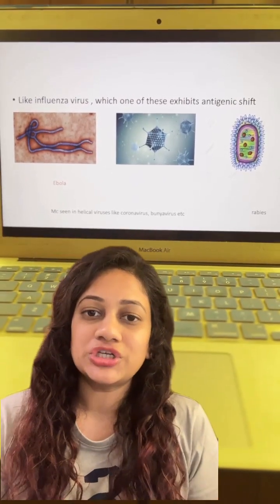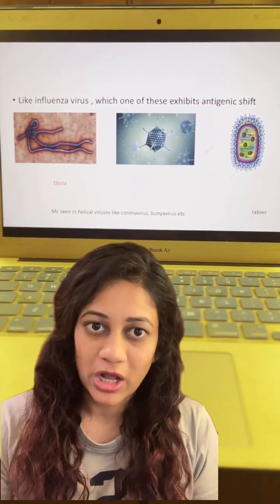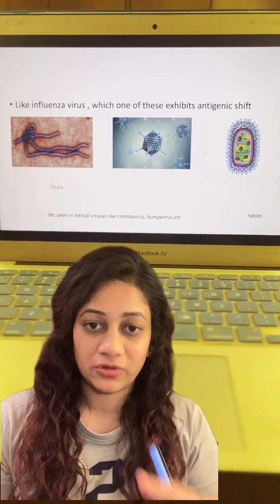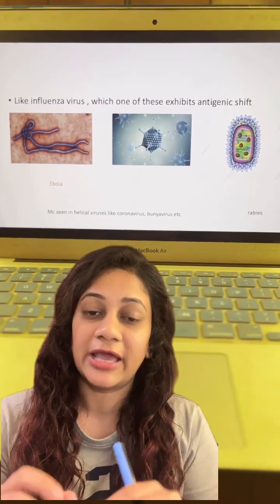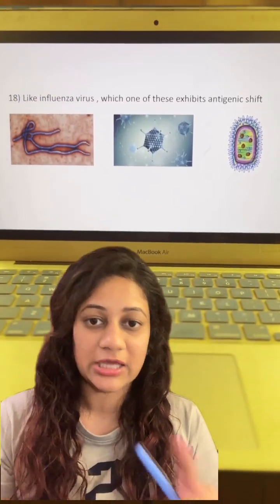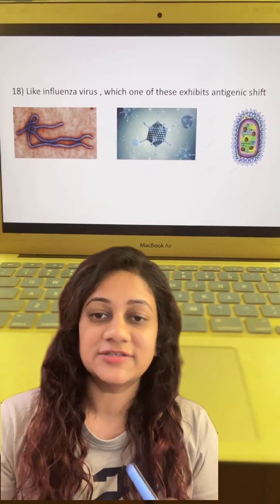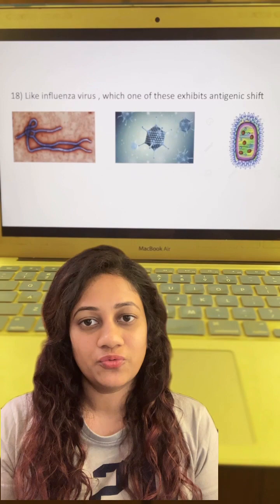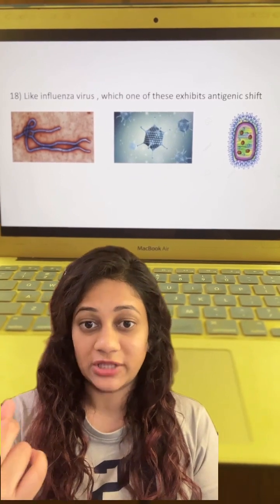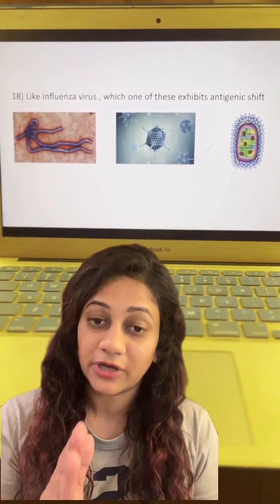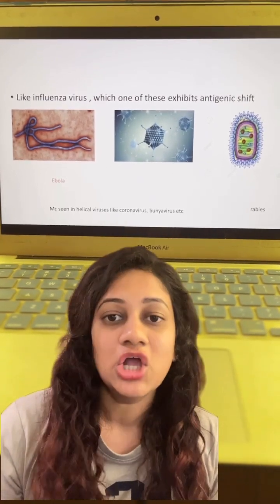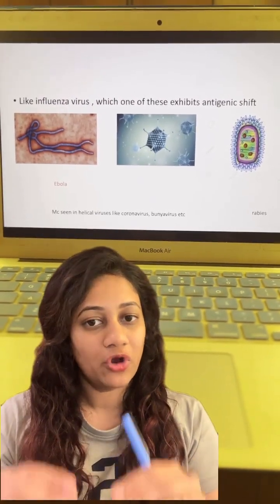Now in this question, the correct answer is Ebola, because antigenic shift, genetic reassortment, all this happens most commonly in helical viruses like Coronaviridae, Bunyavirus. But if those options are not given to you, for example, the left hand side is Ebola, the center one is adenovirus, and the right hand side is a bullet shaped rabies virus, in this case Ebola would be your preferred answer.